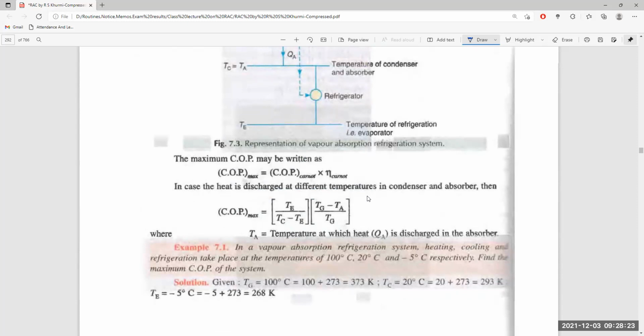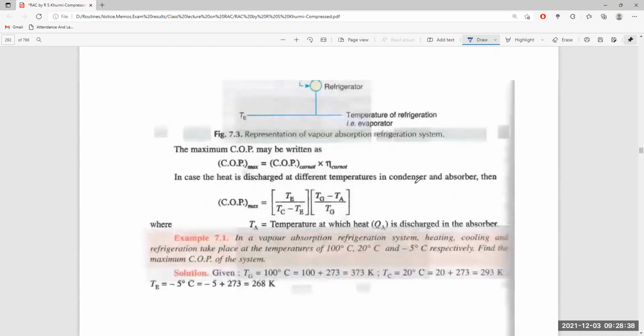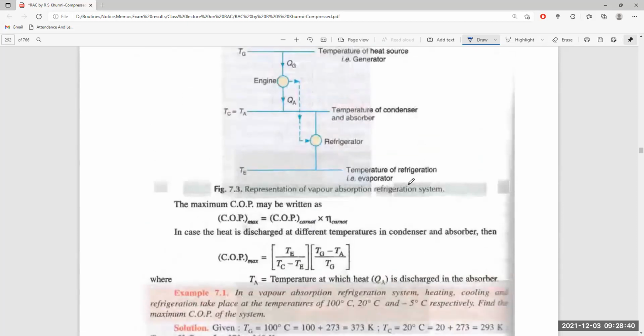If the heat is discharged at different temperatures in the condenser and the absorber, then COP max is equal to the expression where TA is the temperature at which heat is discharged in the absorber.